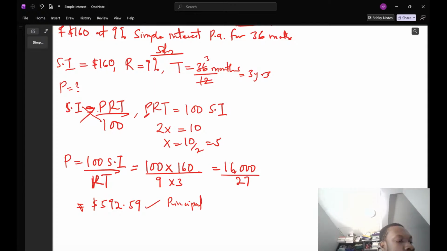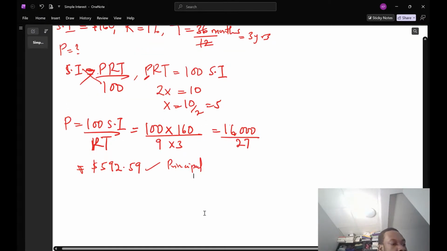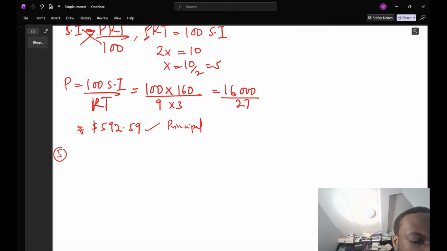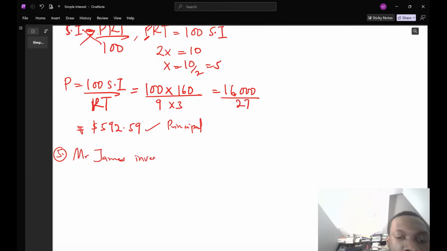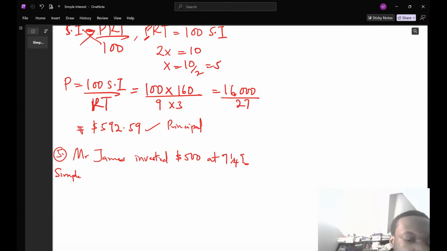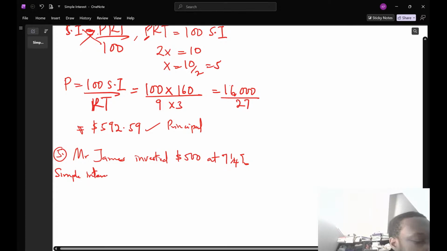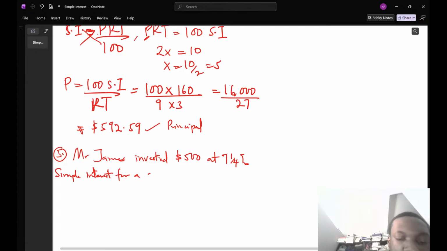Okay, so I'm going to do one more question. This one we're going to be looking for the time. So the next question says, Mr. James invested $500 at 7 and 1/4% simple interest for a certain period.